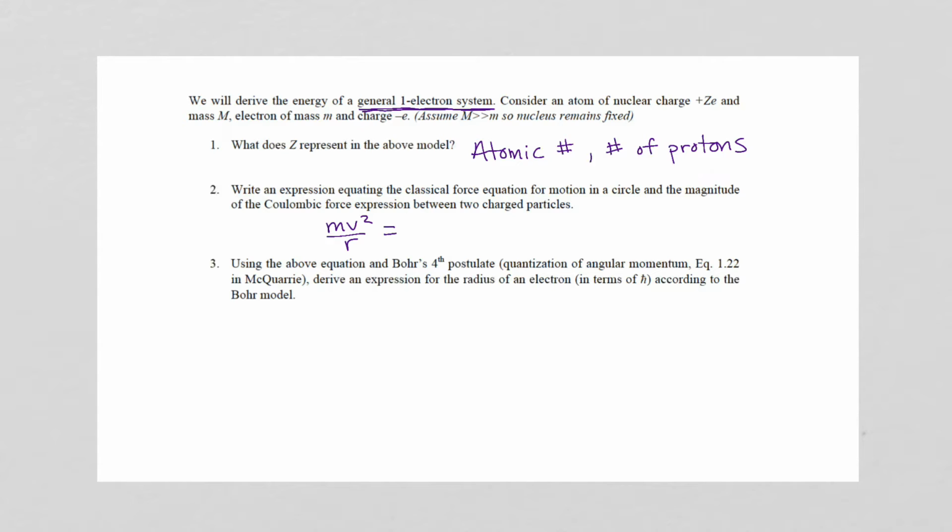In this case, our charges are Ze and e, and our denominator 4 pi epsilon naught r squared.